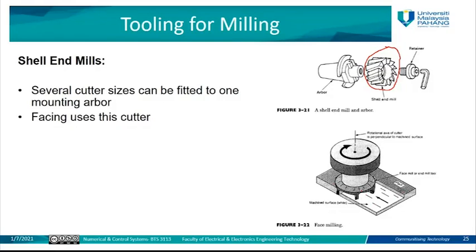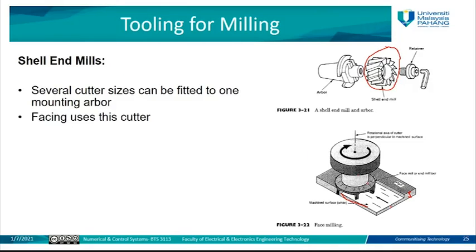Then we use this shell end mill to create something like a bucket, but a bucket without two borders on this side, so that the thickness of the workpiece becomes smaller than the original workpiece thickness. To perform this type of milling, we use the shell end mill.